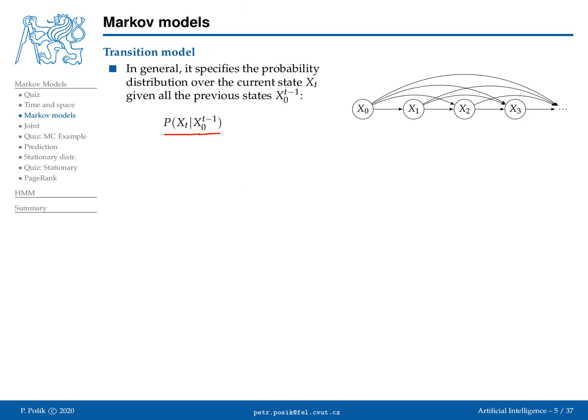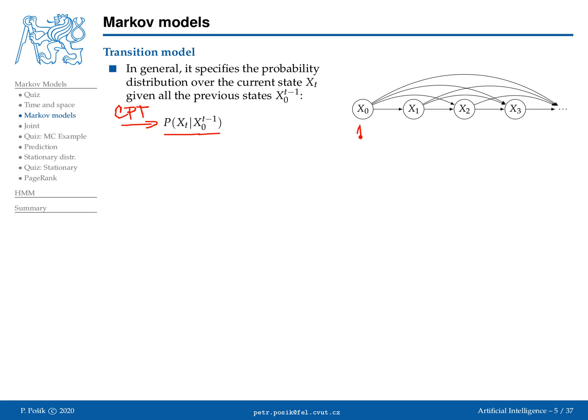You have to define the probability of xt given the values of all the previous random variables. And as you can see, the conditional probability tables, which are used to represent these probability distributions, are getting bigger and bigger with increasing index t.